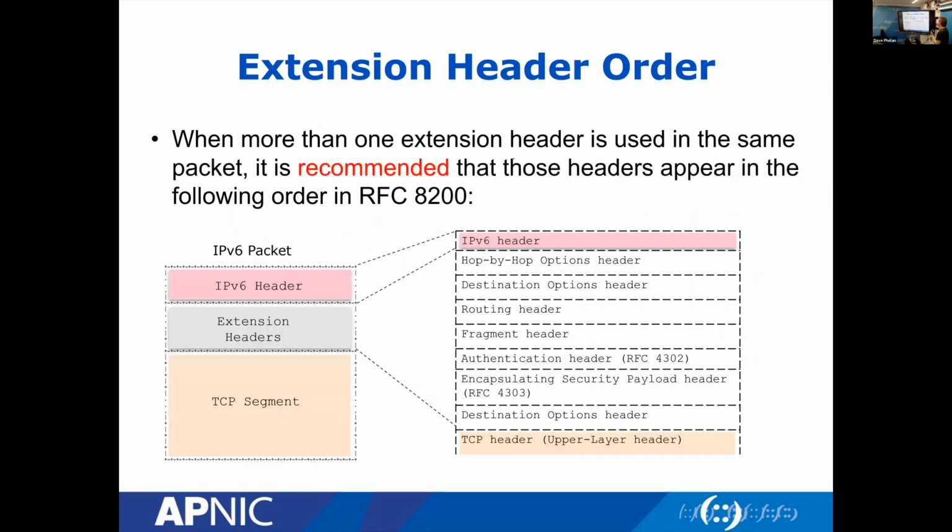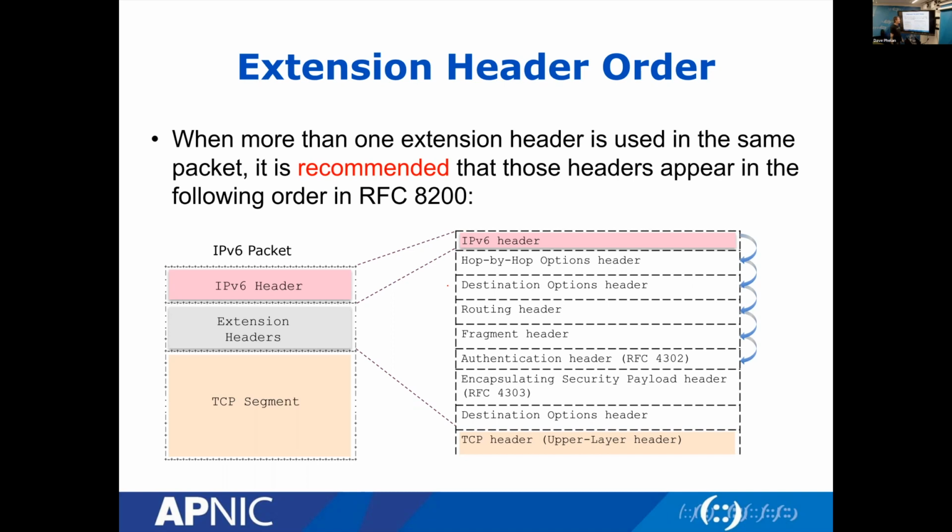With our extension headers, there is a recommendation. Now, please also note, this is only a recommendation. RFC 8200 says that within my header, I should process these in this order. My hop by hop options, then I'll check to see if I've got any destination options. I'll check my routing header, fragment headers, an authentication header.